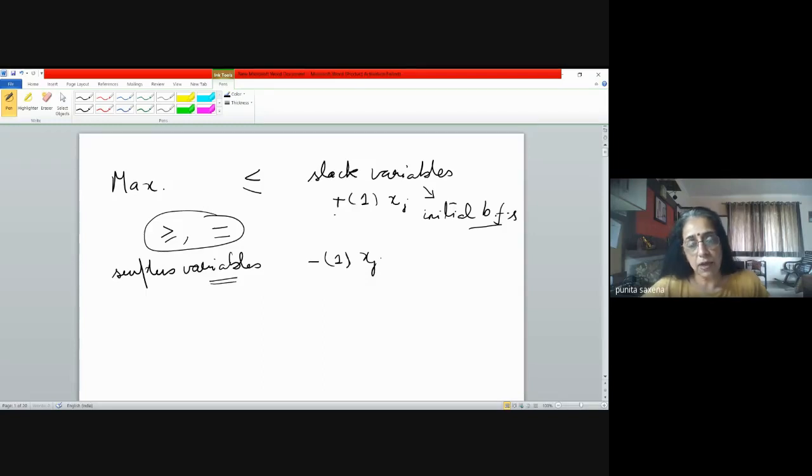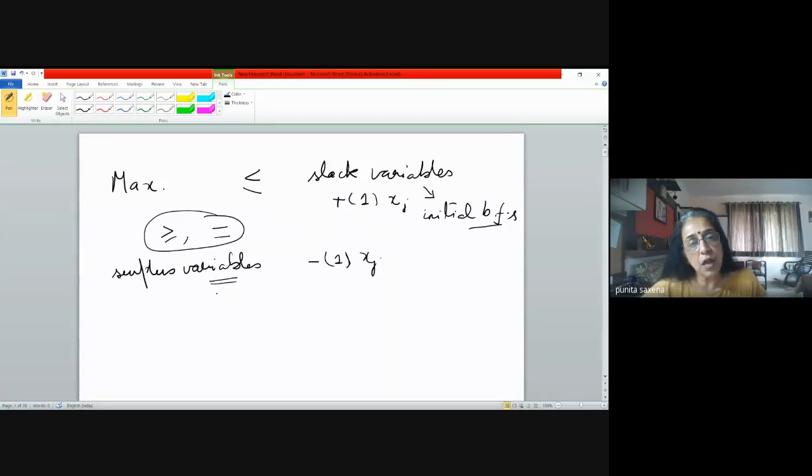Slack variables denote the slackness in the constraints or the resources. Surplus variables denote the surplus in those particular resources. Since their economic interpretation is different, their behavior is also different. So one thing is very clear: surplus variables cannot be our initial basic feasible solutions.